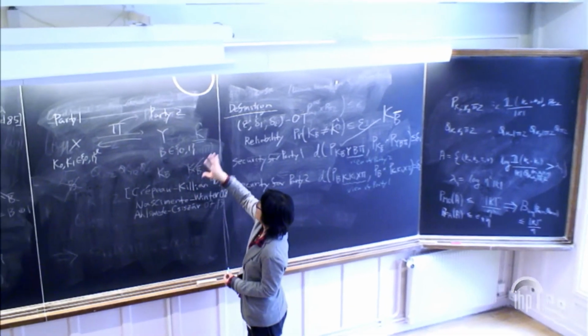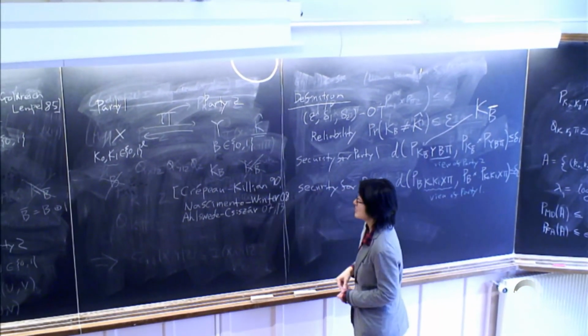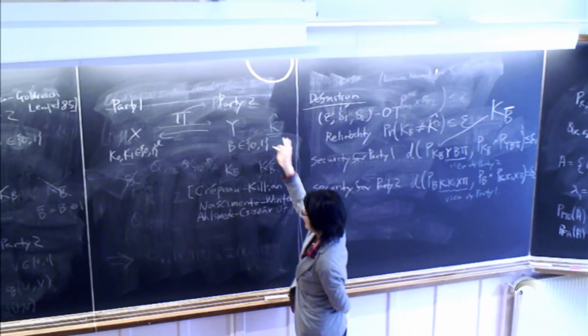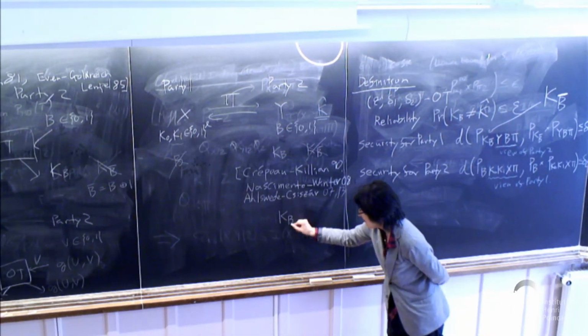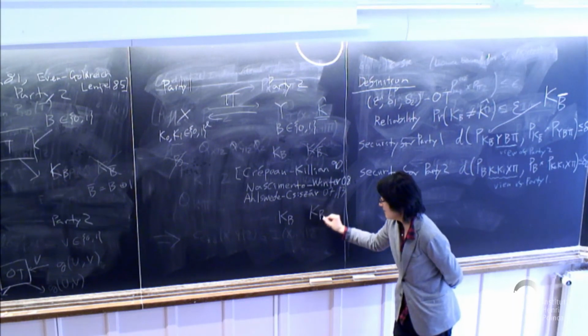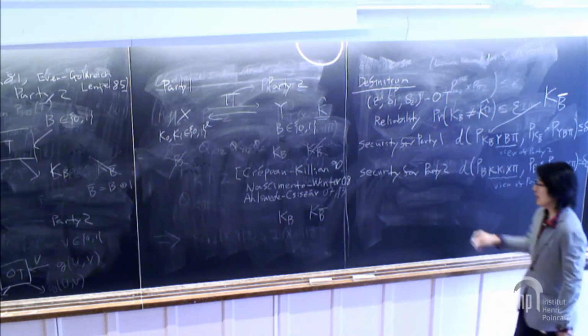So if the second party is malicious, he tries to get information for both KB and KB complement.